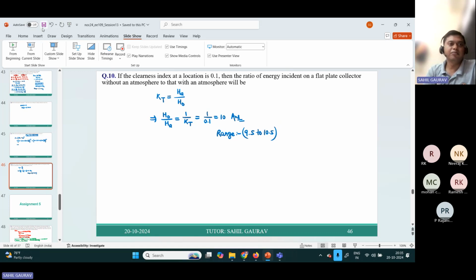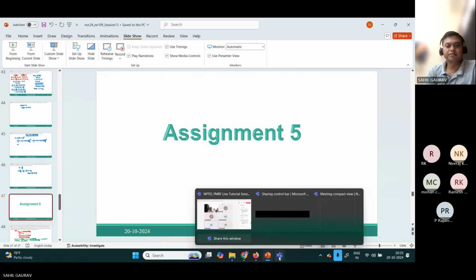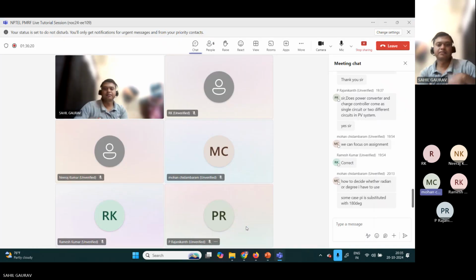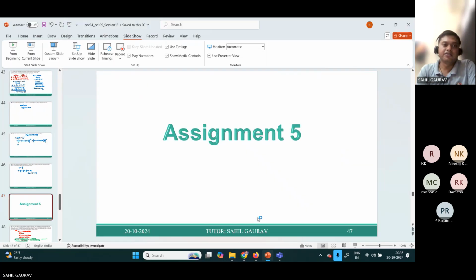So we have covered till assignment four. Now let us see assignment five. In assignments three and four, there are some expressions you need to remember.